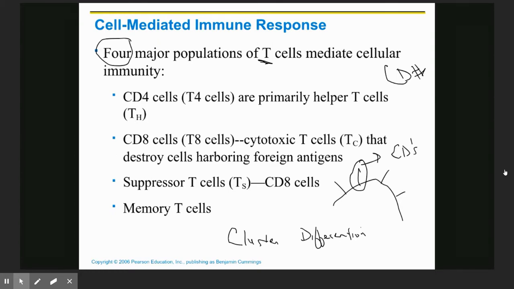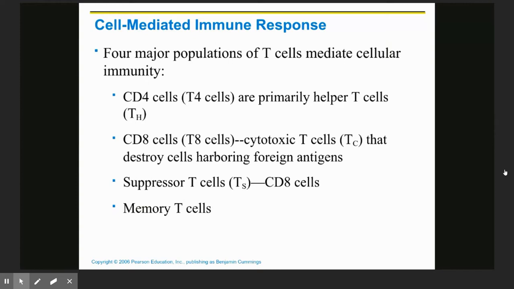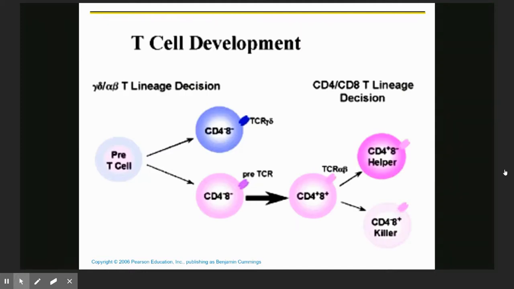The only ones that we're going to be interested in, though, are CD4 and CD8, because these are the ones that are found on T cells. And so we can immediately separate T cells based on CD4 or CD8. So here's our normal plain old cell before anything's happened to it. But remember, it's going to grow a surface receptor inside the thymus.